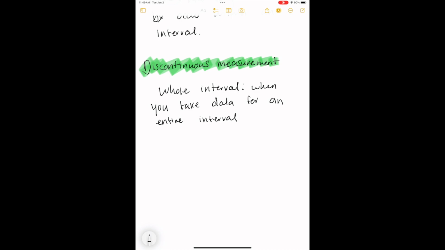So your behavior analyst might say, observe your learner for 7 straight minutes and take data on how many times they engage in clapping or lip biting. I want to see how many times it happens in 7 minutes, right? So that would be whole interval. And then there is partial interval.